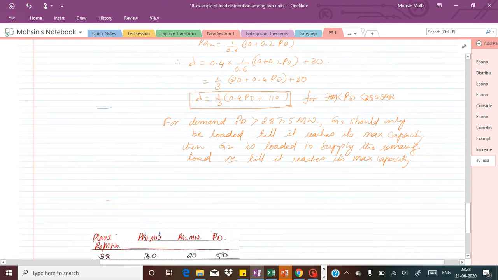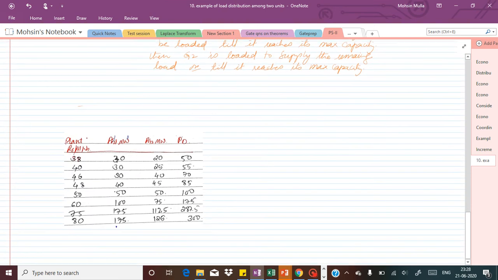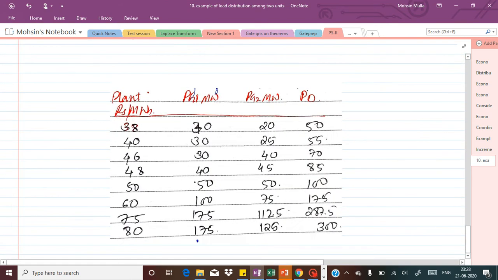And here, by referring to this equation for incremental fuel cost, different values of Pg1 and Pg2 have been determined, which are shown in this particular table. So this is like a summary of load distribution.